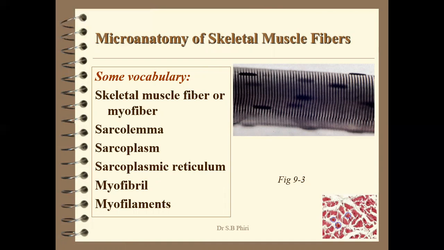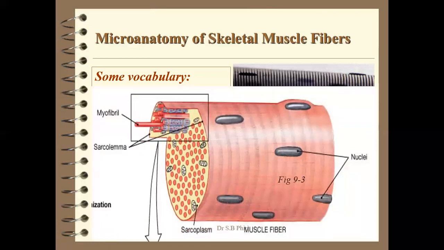They will be arranged in a particular manner and form the myofibrils. So the myofibrils are composed of the myofilaments, which are the cytoskeleton of the muscles. These are some of the terminologies that you're supposed to use as you are discussing muscle physiology.